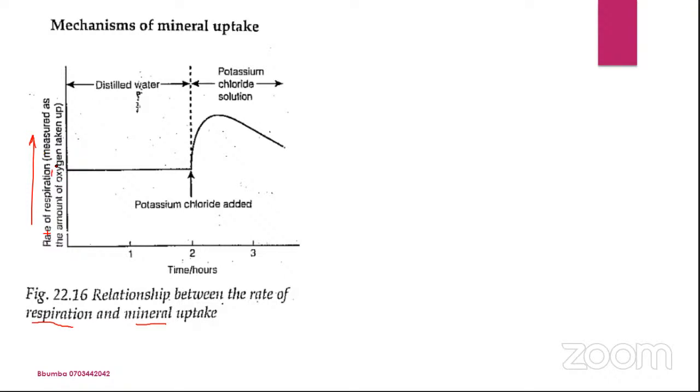But rather, respiration involves breakdown of glucose or sugars to release energy, that is in form of ATP. But this breakdown occurs either in presence or absence of oxygen. If it occurs in presence of oxygen, it is called aerobic respiration.